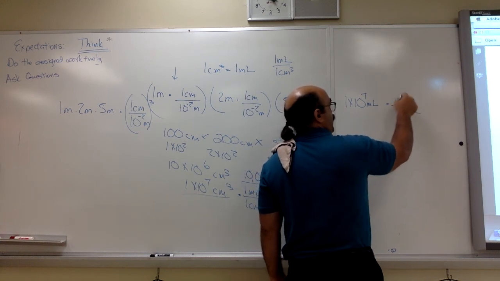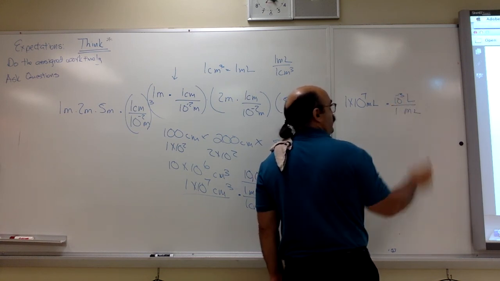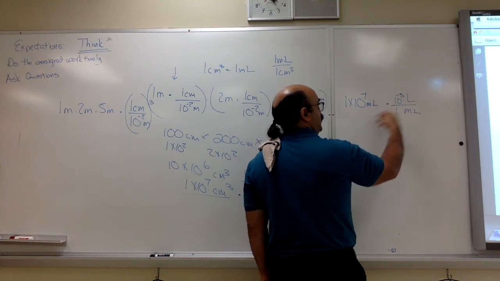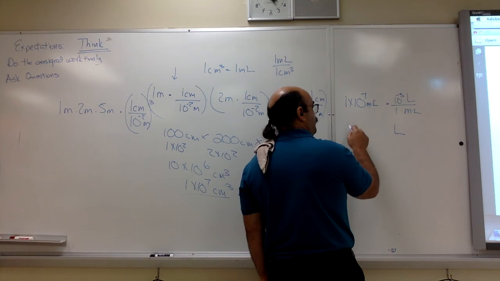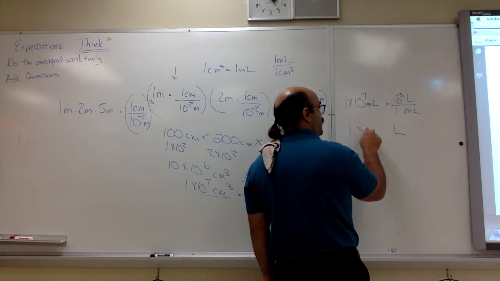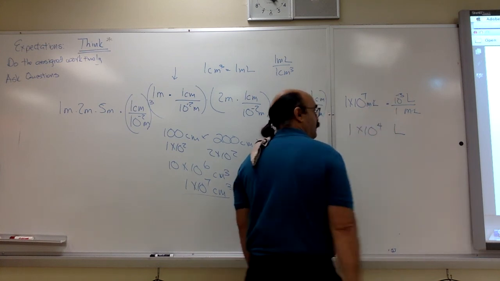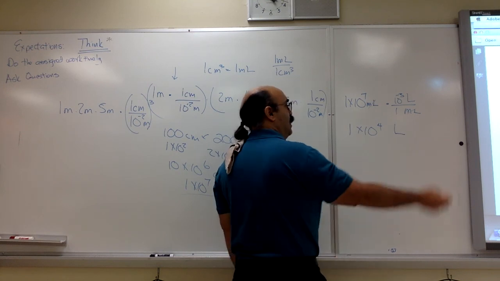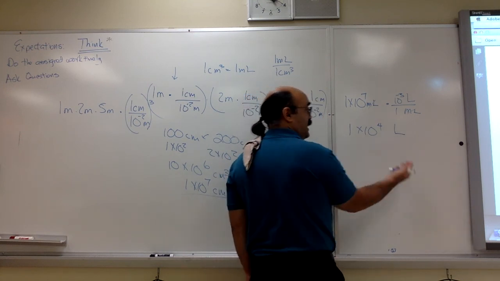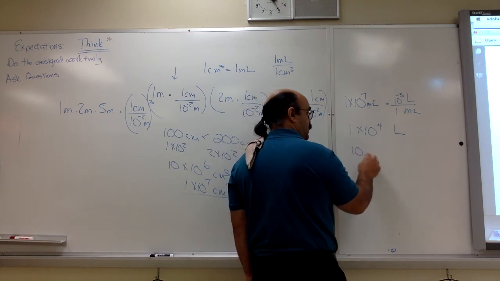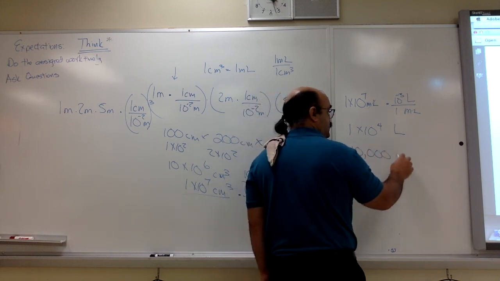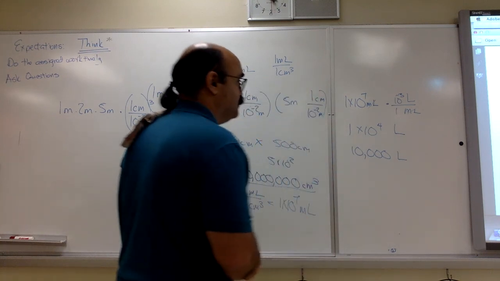It is 10 to the minus 3 liters per every milliliter. Units, I got liters. Awesome, because milliliters cancels. Coefficient is still 1. Power becomes 10 to the positive 4. That's correct scientific notation and everything, no changing needed. Or it could simply be 10,000 liters.